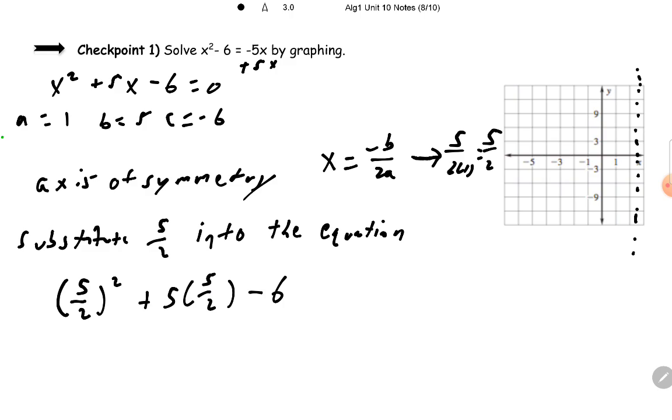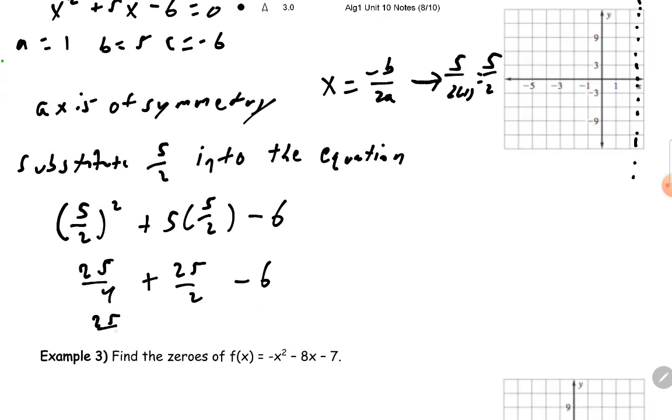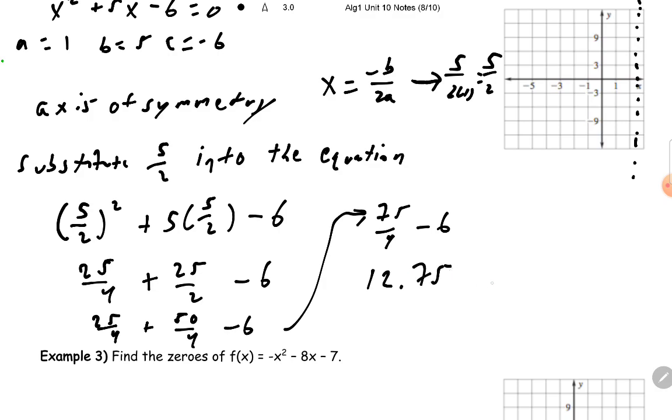And that's going to give us 25 over 4 plus 25 over 2 minus 6. 25 over 4 plus 50 over 4 minus 6. This is 75 over 4 minus 6, which becomes 12.75. So our vertex is at (2.5, 12.75).